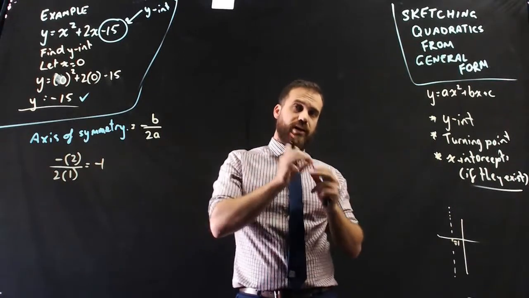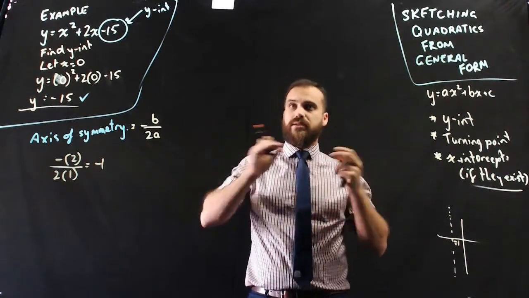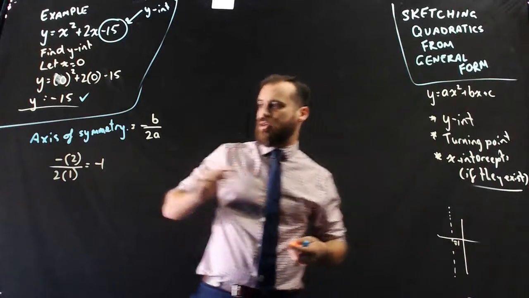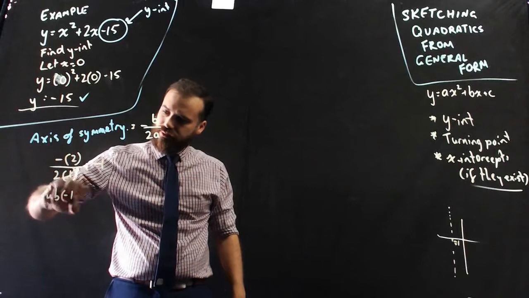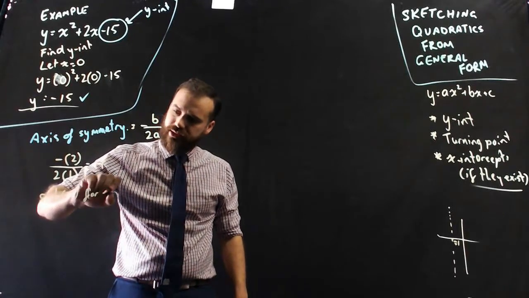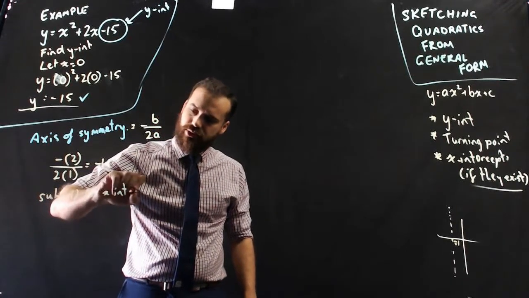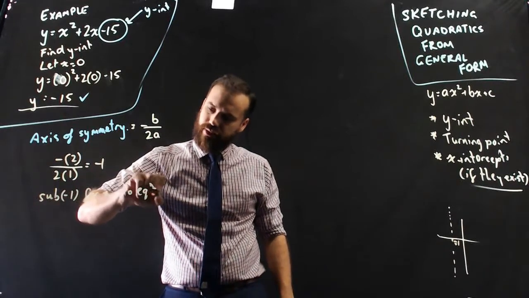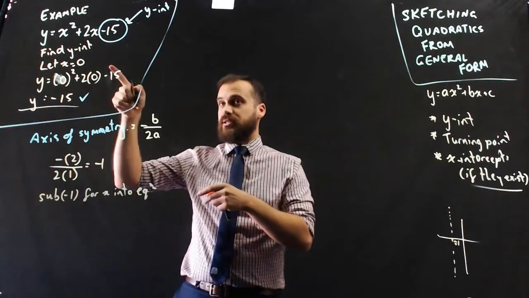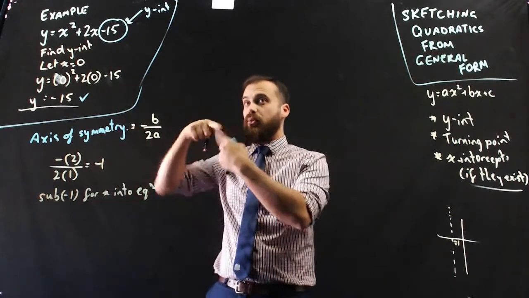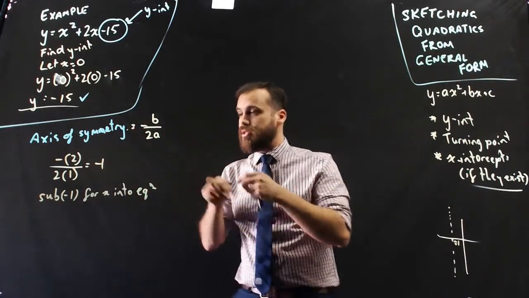I know that the value of the turning point is going to be negative 1 something. So I can sub in negative 1 for x into our equation. Because if I sub negative 1 for x into our equation, I'll find out what y is, and that's where the turning point is.